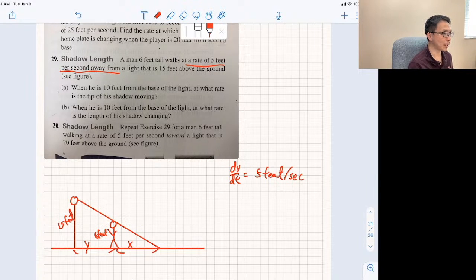Remember, the similar triangle is basically the ratio of the small triangle compared to the ratio of the big triangle. In this case, it would be 6 over x is equal to 15 over what? x plus y, good.